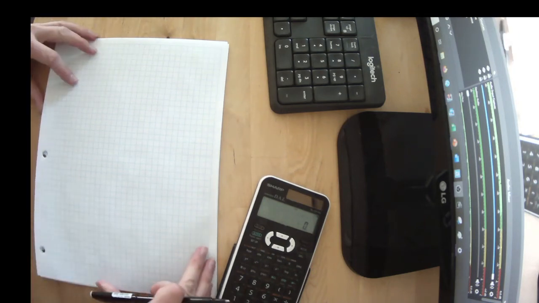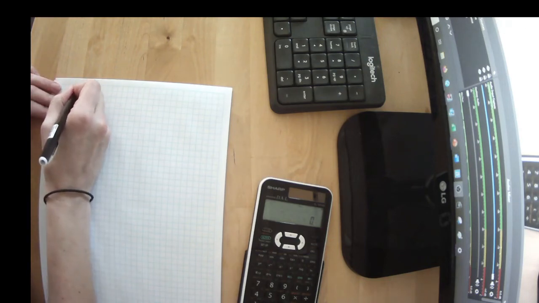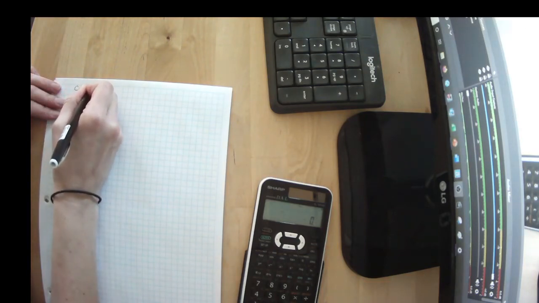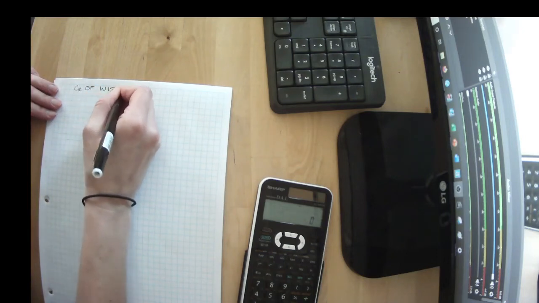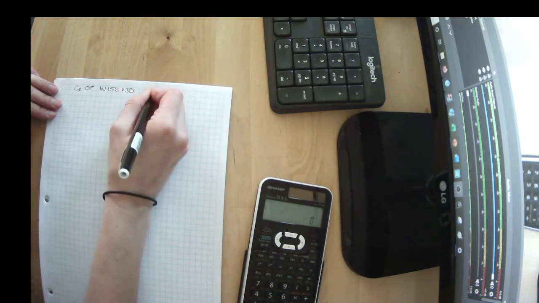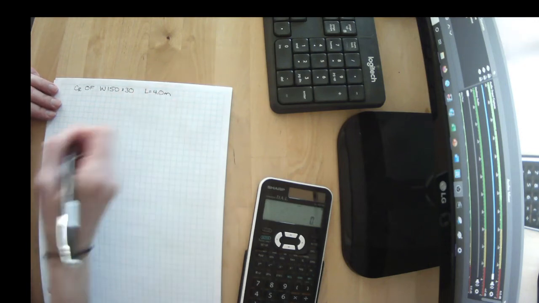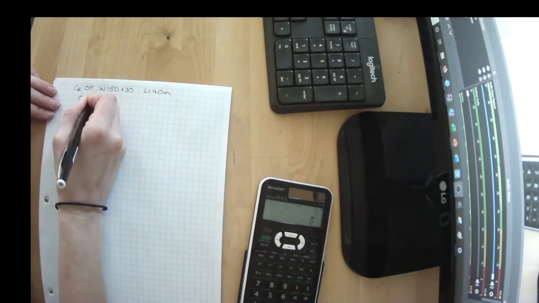We now want to find CR of a W150 by 30. And remember, our length is still 4 meters. Our equation for compressive resistance does not change.